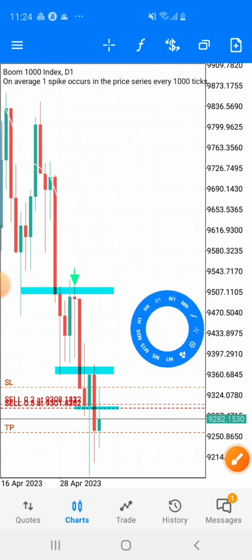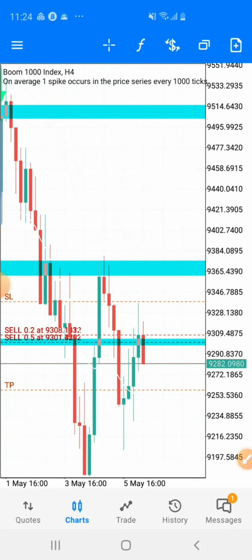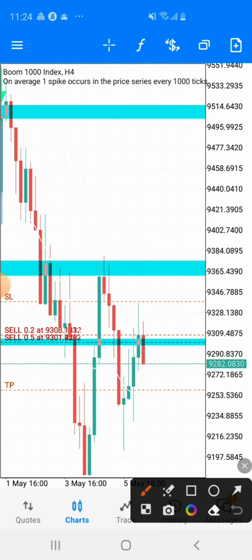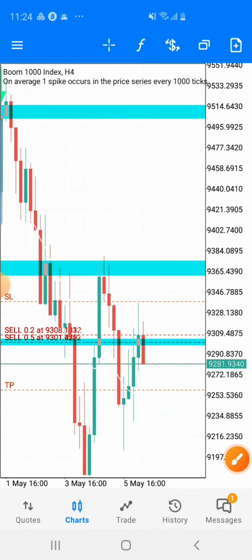Let me go down to 4 hours so that I'll be able to picture this clearly. When the price pushed to the downside, the price started to retest my zone, and from here I'll start looking for entry within this flip zone. I'm using the daily time frame to picture it.